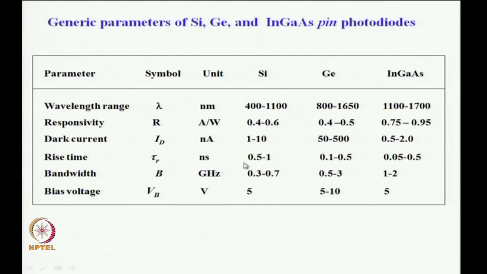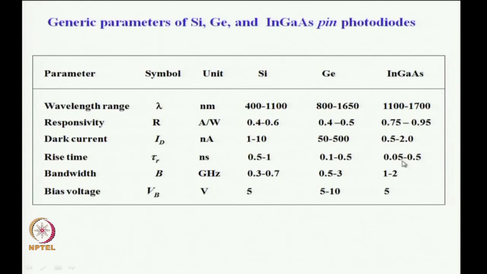The rise time is typically 0.5 to 1 or even 0.1 nanoseconds for silicon detectors, and 0.1 to 0.5 for the others, and one can have photodetectors with 0.05 to 0.5 nanosecond rise time.